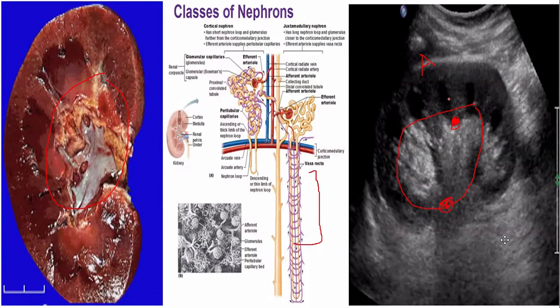Sometimes, remember this is the medulla, it becomes too white, because there will be calcium deposition there.